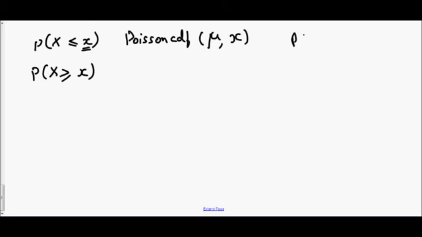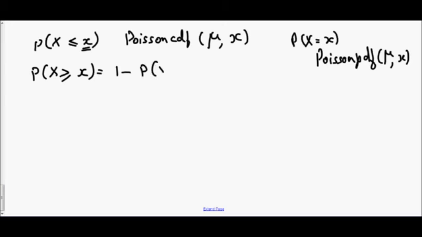For P of X equal to x, you can use Poisson PDF, because it's equal to, so it's Poisson PDF mu comma x. This is how you have to enter it in your calculator. As usual, for X greater than or equal to x, you need to consider the complement: 1 minus P of X less than or equal to x minus 1.